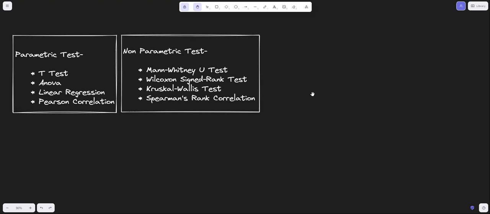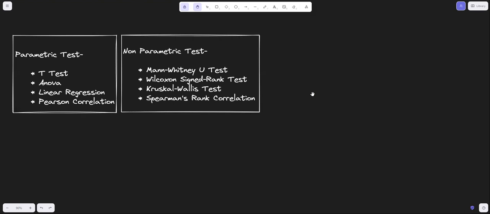There are a few assumptions. For example, data should be normal. Secondly, there should be homogeneity of variance, and the variance should be the same all over the data distribution. So this is all about when to use a parametric test.